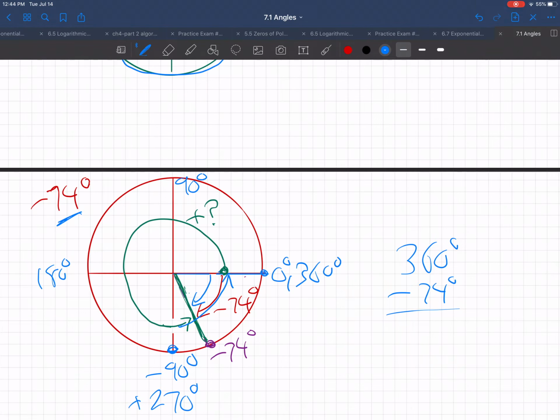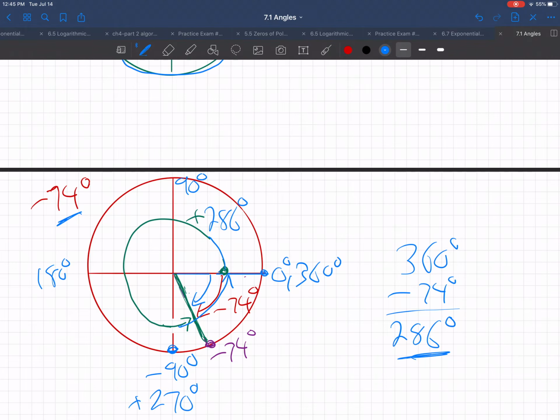Use your calculator. I'm going to use mine. We get 286. 286 degrees. That's the same angle. Positive 286 has got to be the same exact angle as negative 74.